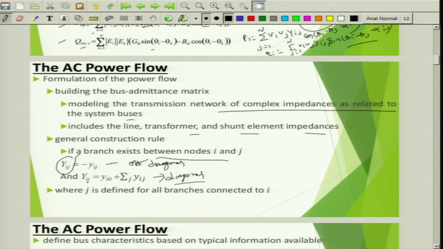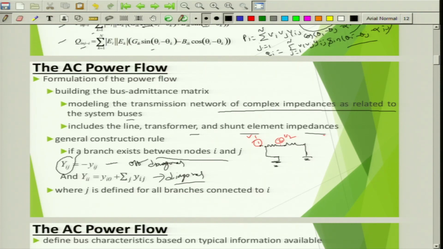This is simple because, let us say there is node 1, node 2, node 3. Then if there is V1, V2, V3, and let us say there is a ground here, this is grounded, and this is also grounded.